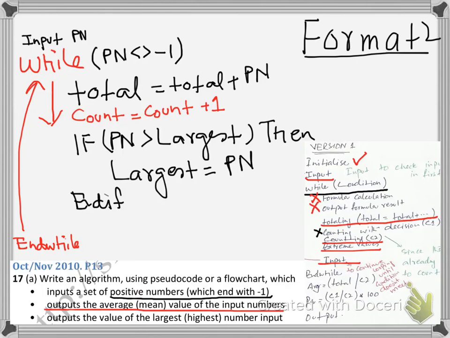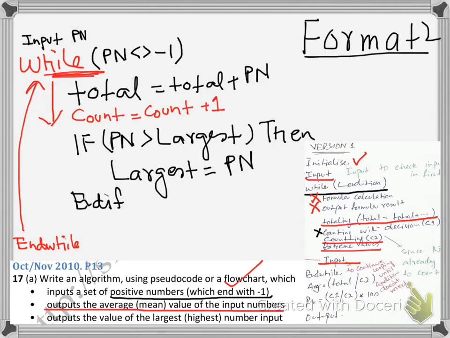So the first input was just merely lest our user would have already entered -1 as the first value. If they have done this, that they have entered -1 as the first value, there is no need to run this loop. As your question says, you need to end it with -1. But if you enter the loop, then you would have to have this input once again. And taking input here has no point because you have already taken it.